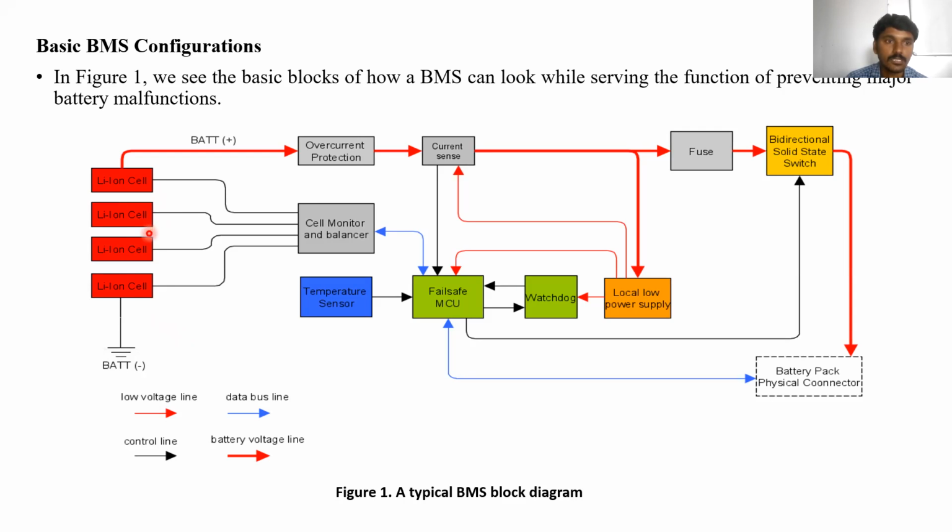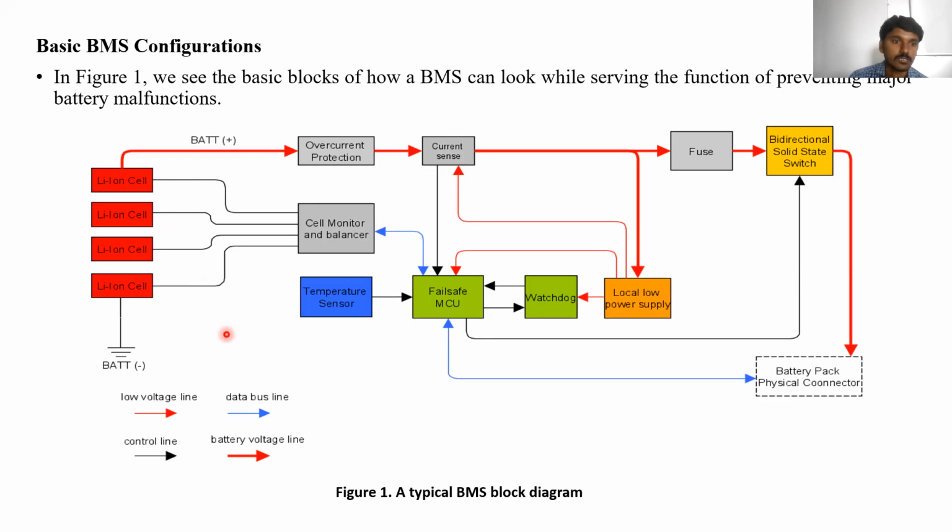So what will happen to the cell sharing the high current? The temperature will increase, then that particular cell is going to be damaged, and the battery efficiency is also going to decrease.